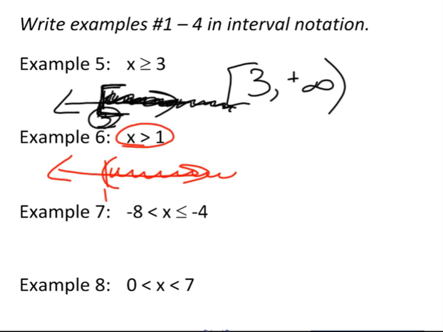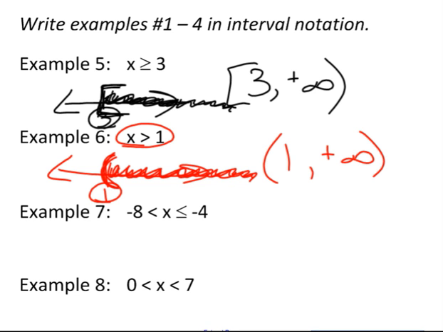Greater than was parentheses. All right, so let's change that to interval notation then. The 1 is on the left side of this interval that keeps on going. So put 1 on the left, that would be the smaller number. Keeps on going in a positive direction, that's positive infinity. Infinity always gets parentheses, and the 1, we had parentheses on the 1, so here's our interval.